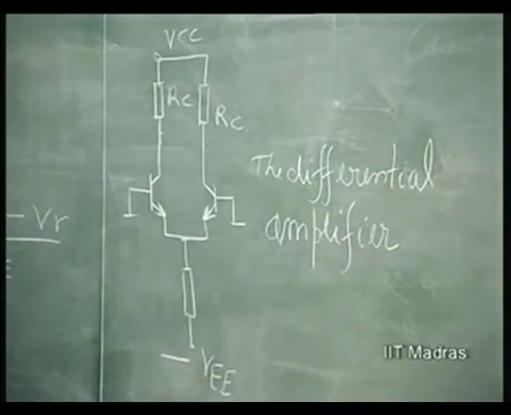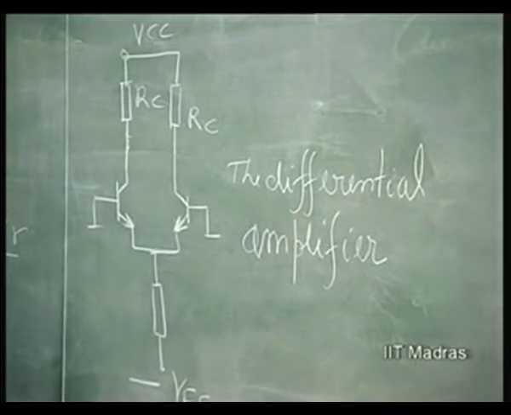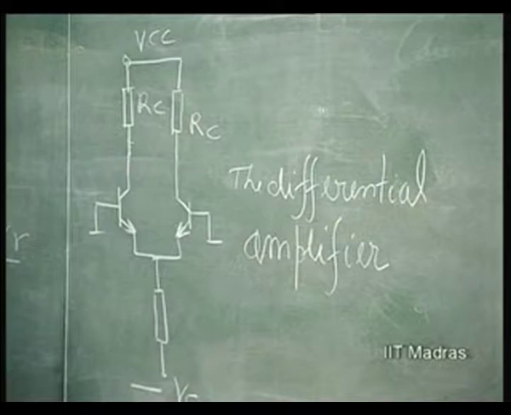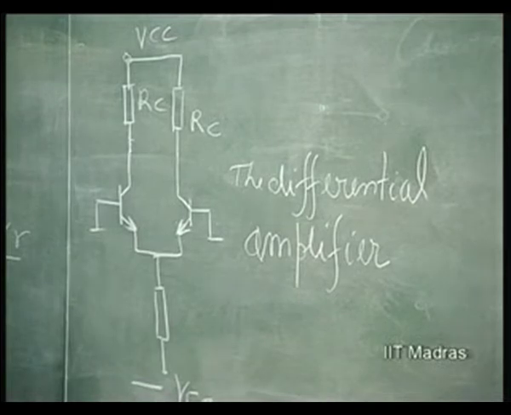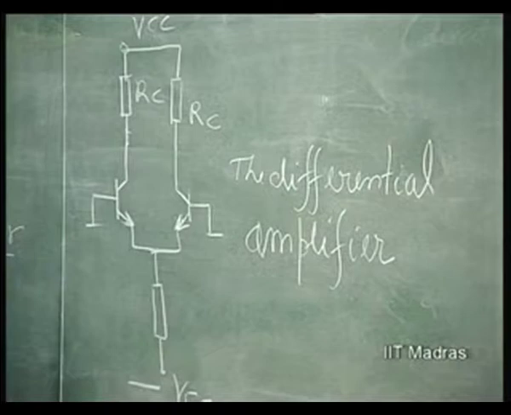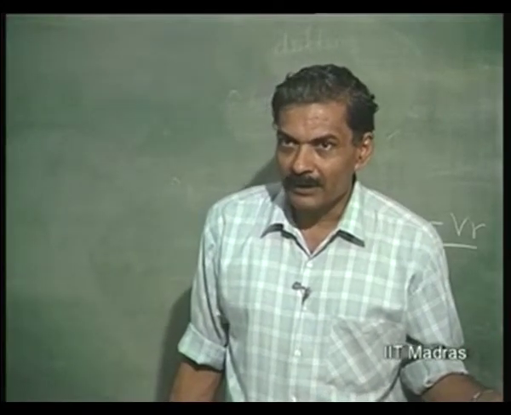So, let us now again assert what we have understood earlier. I wanted to get rid of the bypass capacitor, because the capacitor is the biggest sized element in present day microelectronic circuits. And this capacitor had to become bigger and bigger, the lower the lower cutoff frequency I demand.